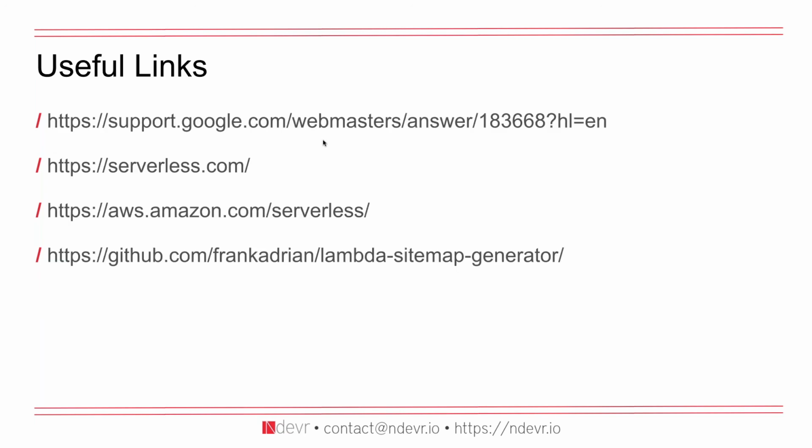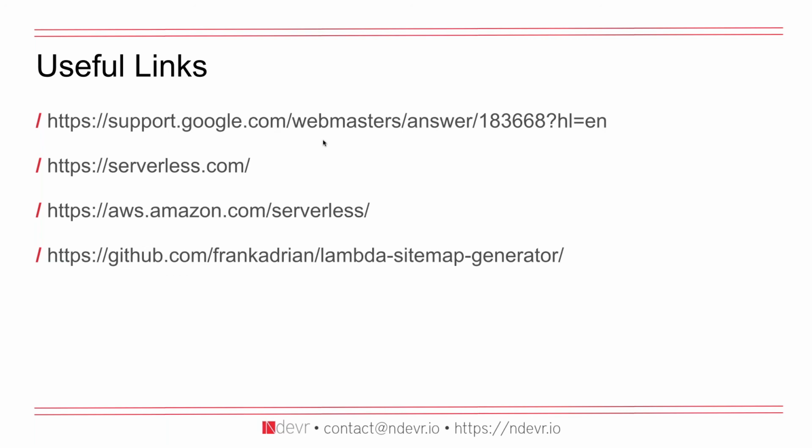With that, some useful links. The Google sitemap link that I promised from before actually has pretty good documentation on how to generate the sitemap, video sitemaps, news sitemaps, or image sitemaps, and then the limits, and what you need to do to ping the search engines. Serverless.com is for our AWS development stack.